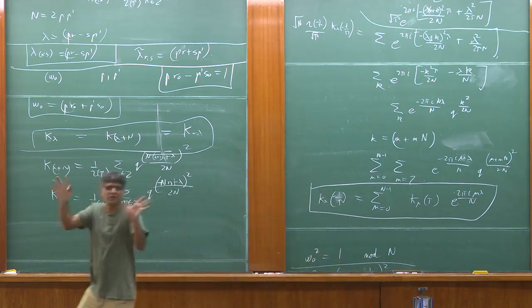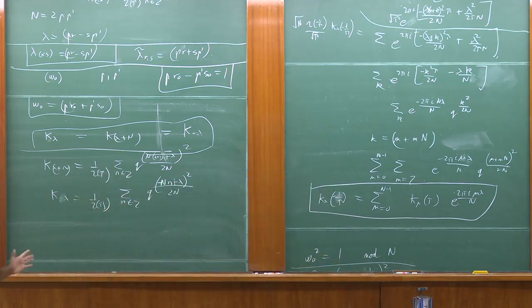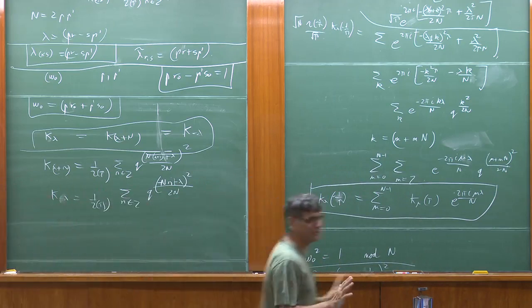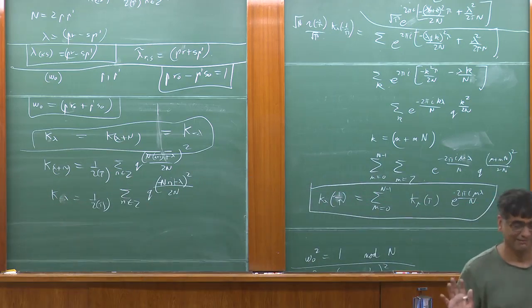Okay, I'm sorry for the incompetence of the derivation, but I hope you see that if you sat down carefully, you could do it. Fine. So let us believe that we have proved that k lambda of minus 1 by tau is this Fourier transform.